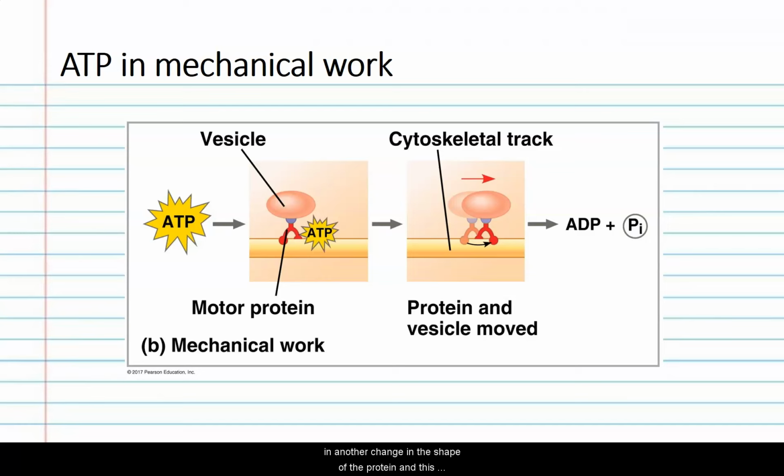And this allows for the protein to walk literally down the cytoskeletal track. So these are just a few examples of where we can see the hydrolysis of ATP being coupled to a process within the cell that requires energy, right? Work requires energy.